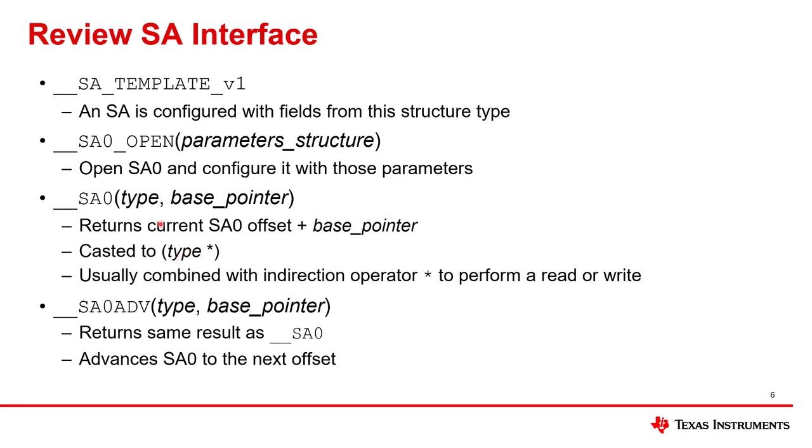And remember, in our example, it was always int4. And then it is usually combined with the indirection operator asterisk to perform a read or write. In this case, in our example, it was a read. Okay, SA0 ADV stands for advance, has the same inputs and returns the same result as SA0, but it also advances SA0 to the next offset.